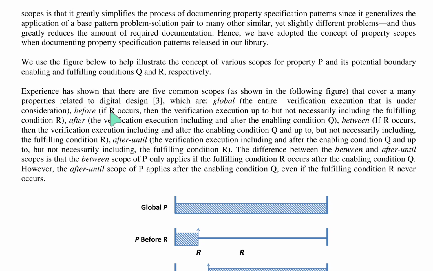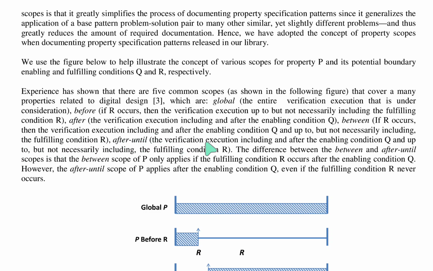Before R: the verification execution up to, but not necessarily including, the fulfilling condition R. After Q: the verification execution including and after the enabling condition Q. Between Q and R: if R occurs, the verification execution including and after the enabling condition Q, and up to, but not necessarily including, the fulfilling condition R.